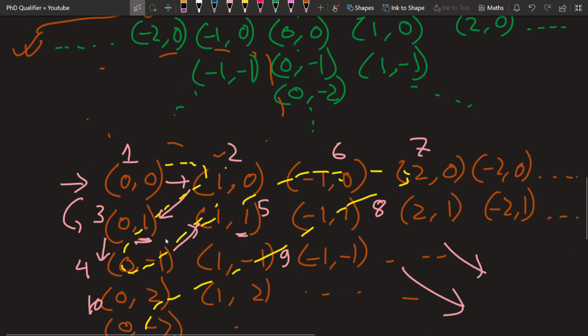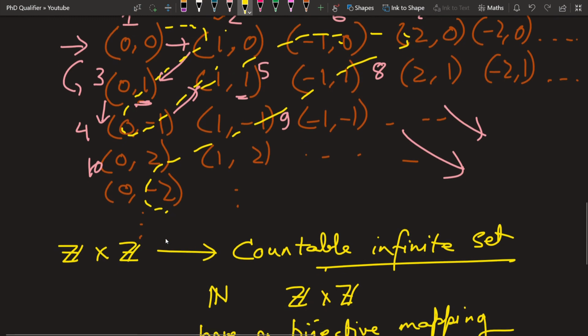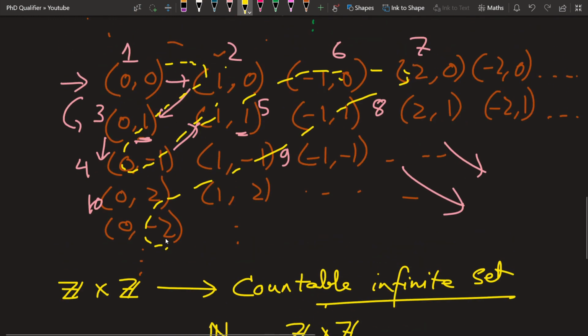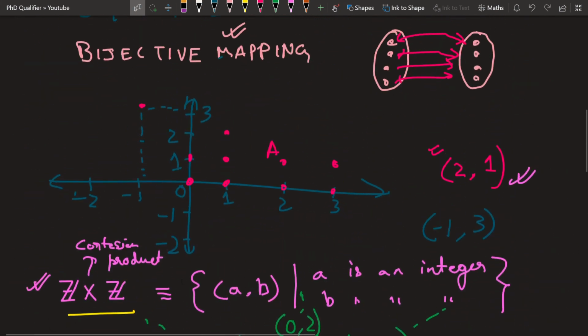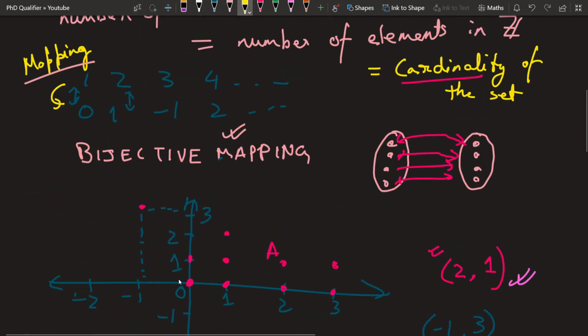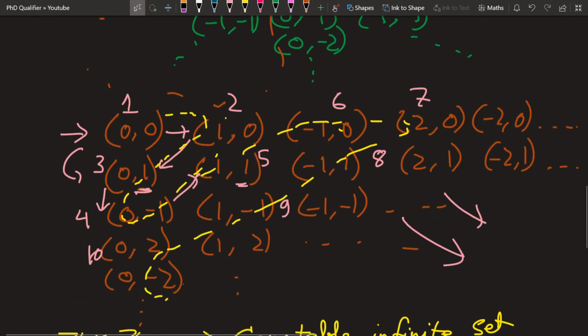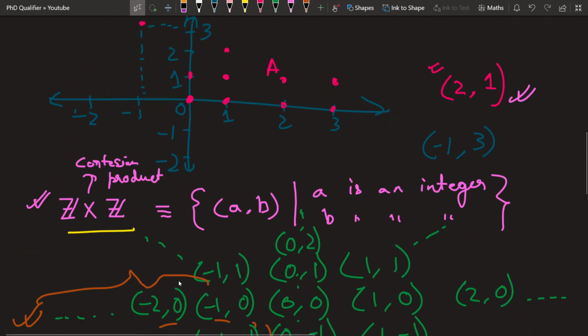Each natural number corresponds to a single point in Z cross Z, and when you can correspond each and every point to the other, there will be no natural number left, because for every natural number we will also have a point, as it runs to infinity.